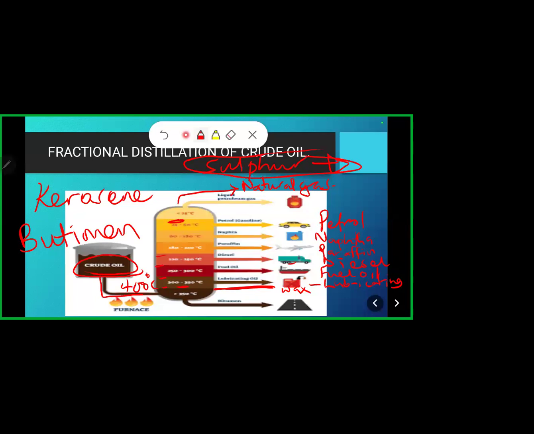Anyone who knows the use of naphtha? Maria Martha.